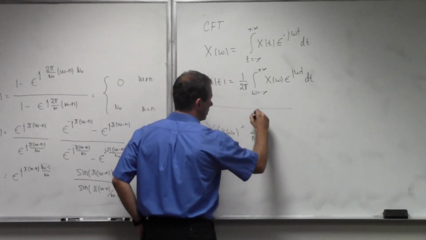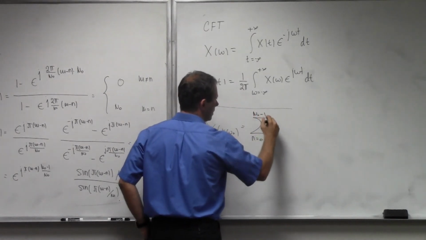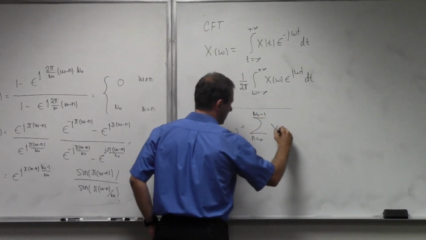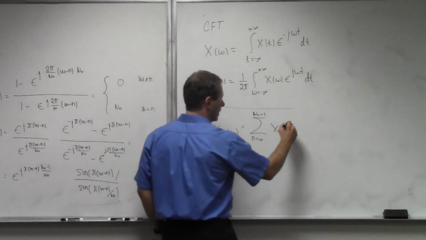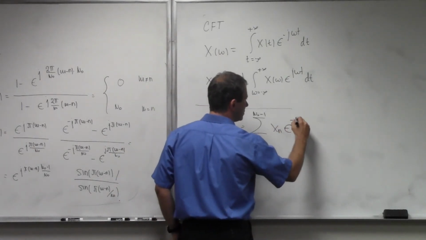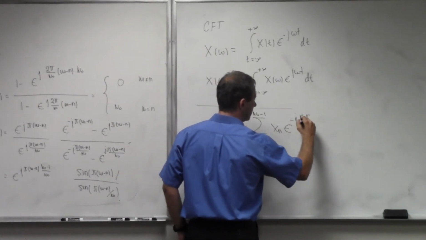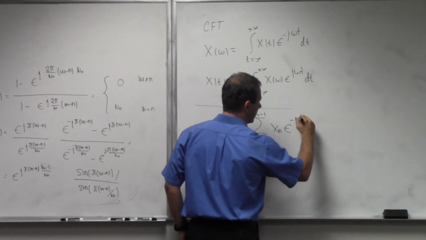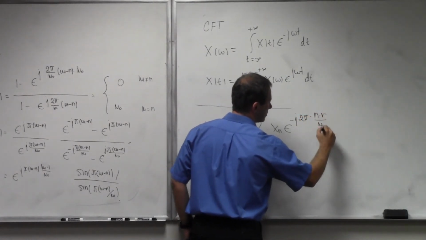n goes from 0 to n0 minus 1 of x[n], which are the samples of the signal in the time domain. And then I have to do e to the minus j, let me just do 2 pi n times r divided by n0.